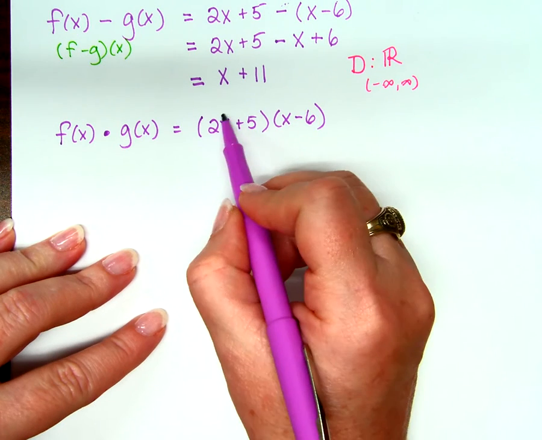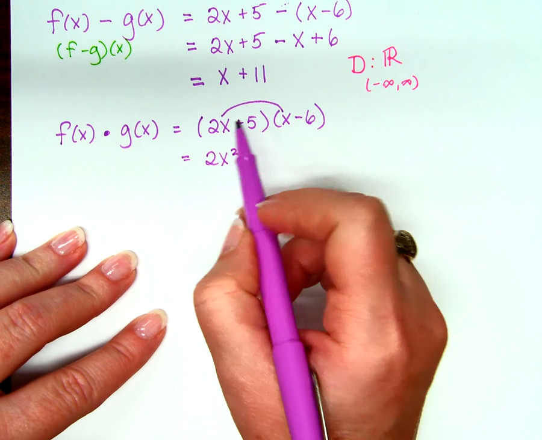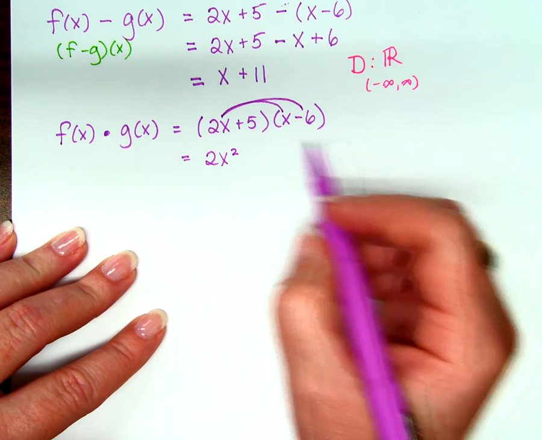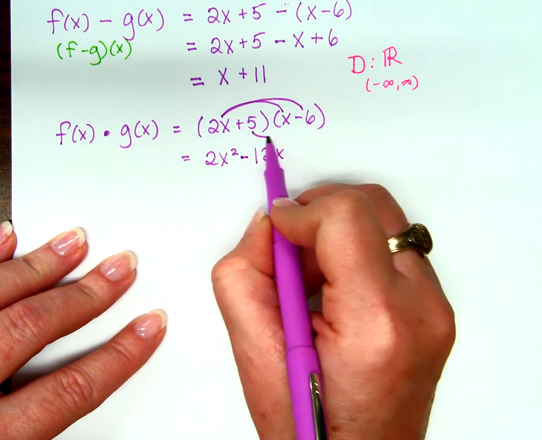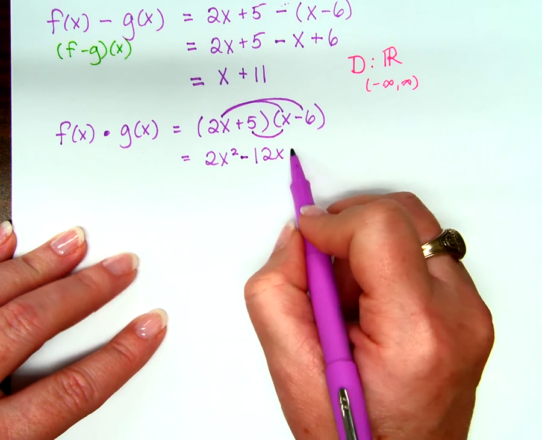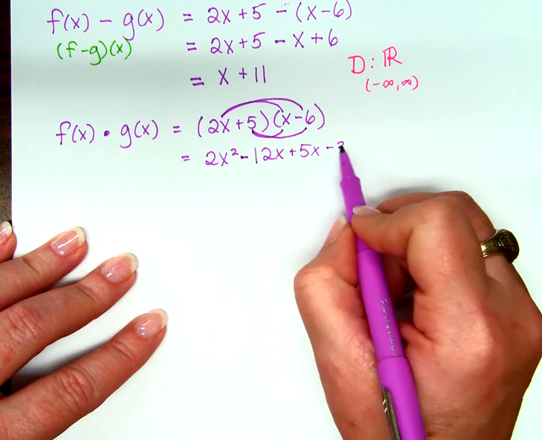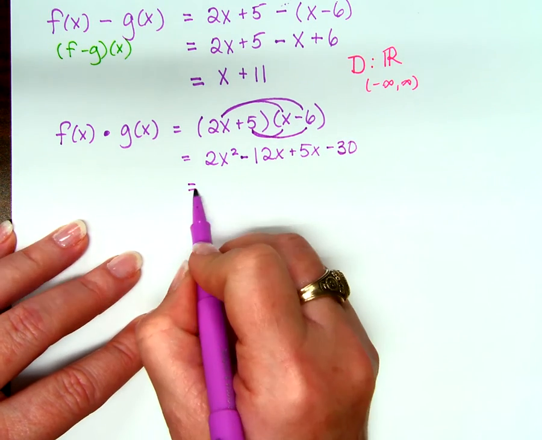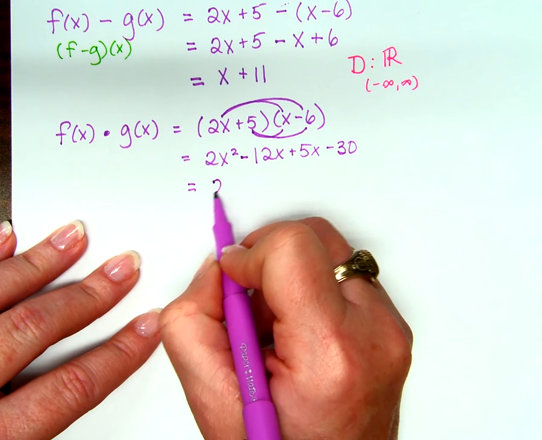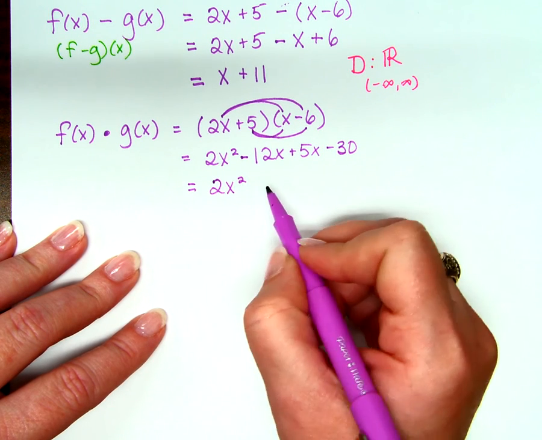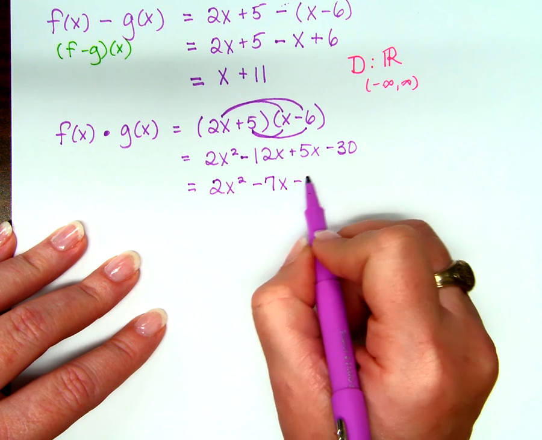Okay, so 2x times x, 2x squared, 2x times negative 6, negative 12x, 5 times x, 5x, 5 times negative 6, negative 30. Combine like terms. 2x squared minus 7x minus 30.